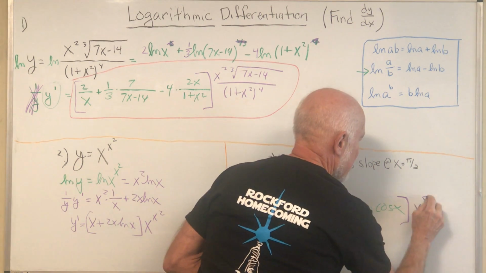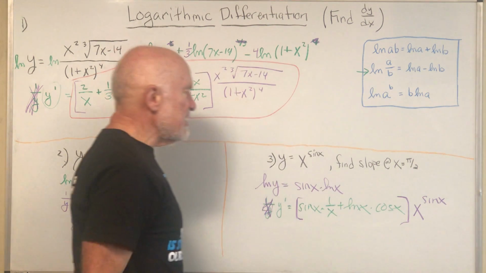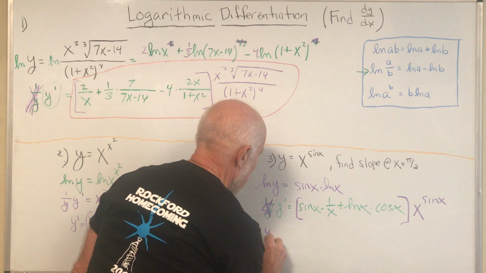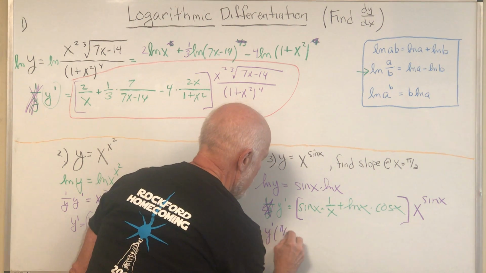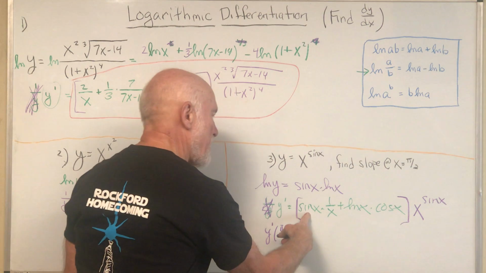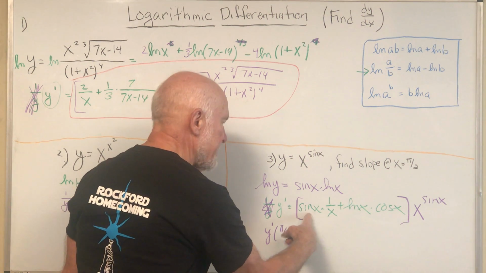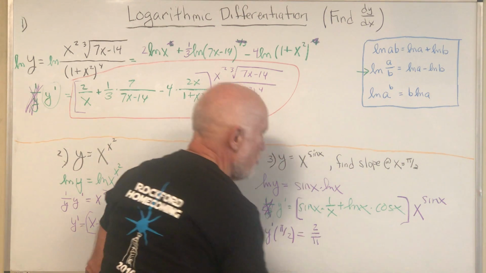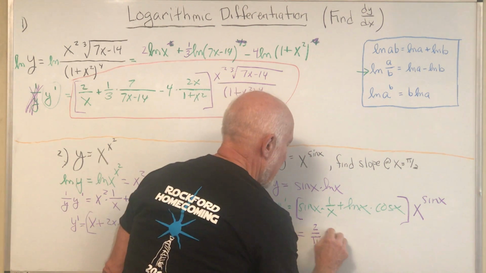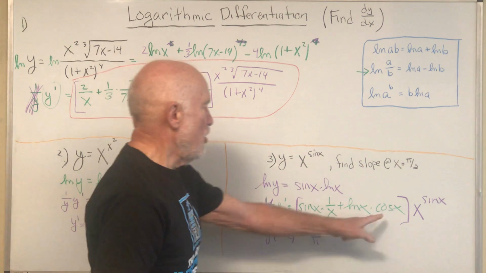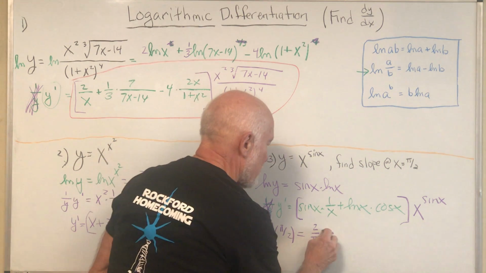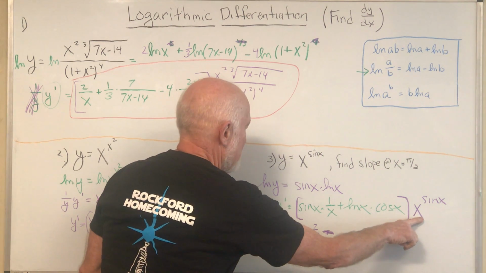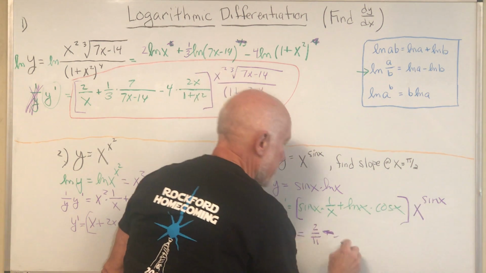x to the sine of x. But this time we want to find the slope at x equals pi over 2. So y prime of pi over 2 is the sine of pi over 2, which is 1, times 1 over pi over 2, which is 2 over pi, plus the cosine of pi over 2, which is 0, times pi over 2 to the 1.